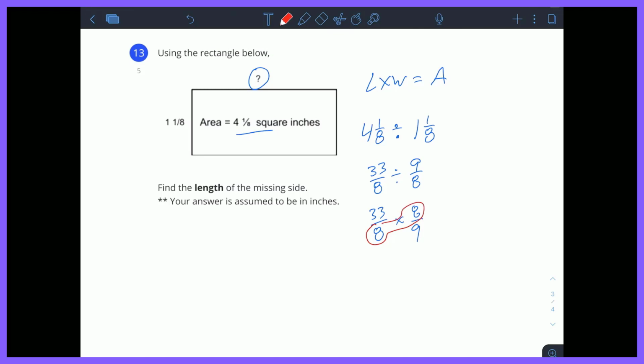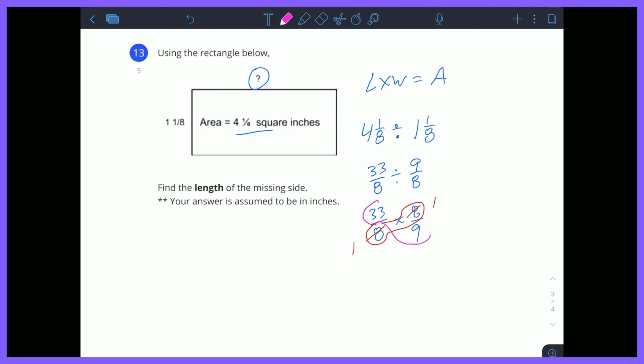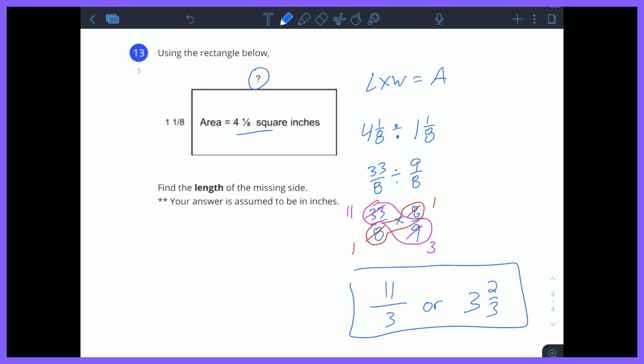In this case, divide each of these 8s by 8, and that makes 1 and 1, which is super convenient. 33 and 9, I could divide by 3, because 33 divided by 3 is 11, and 9 divided by 3 is 3. So the final answer to this problem is 11 times 1 on top, 1 times 3 on the bottom. 11 thirds, or 3 and 2 thirds, whichever answer you prefer.